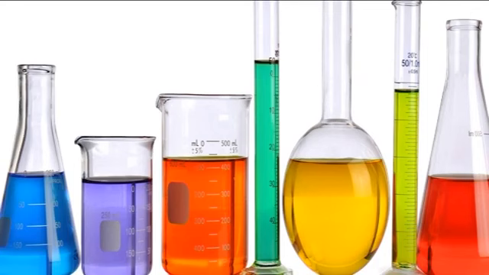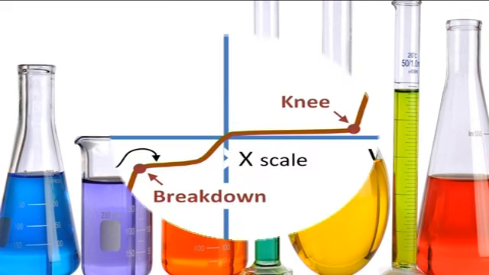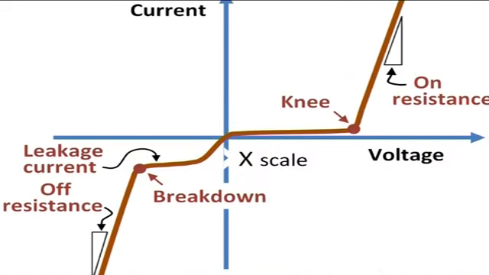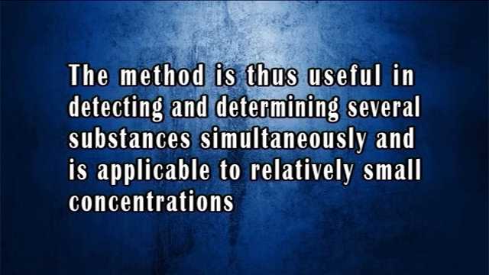When the solution contains several substances that are reduced or oxidized at different voltages, the current voltage curve shows a separate current increase and limiting current from each. The method is thus useful in detecting and determining several substances simultaneously and is applicable to relatively small concentrations.